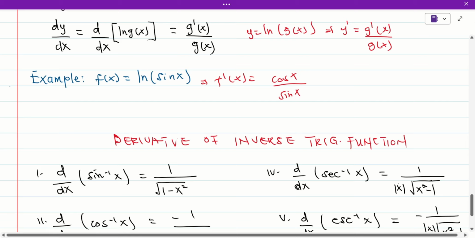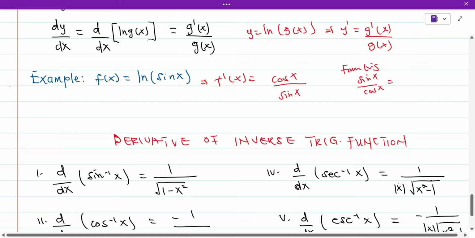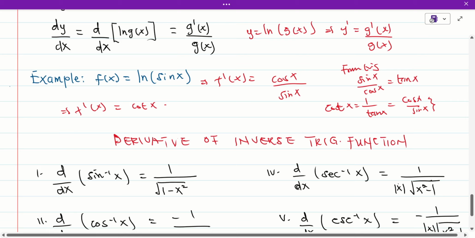Now, from trig, sine x over cos x is equal to tan x. And we learned that cot x is equal to 1 over tan x, which will give us cos x over sine x. So in this case, our cos x over sine x here is equal to cot x. Do you get it?